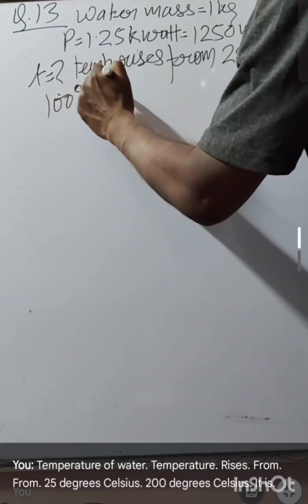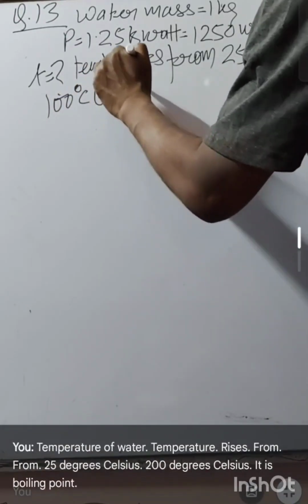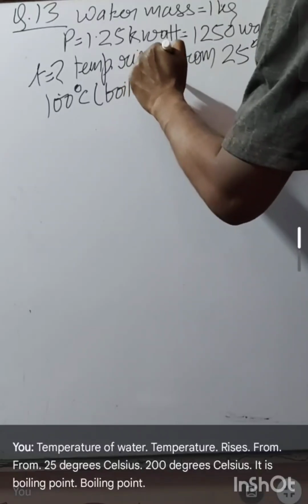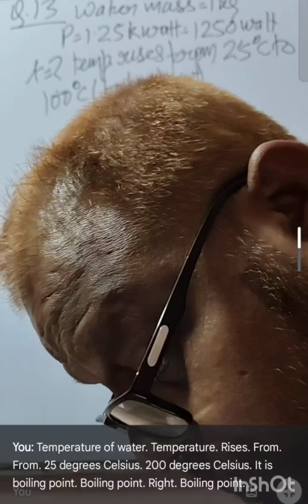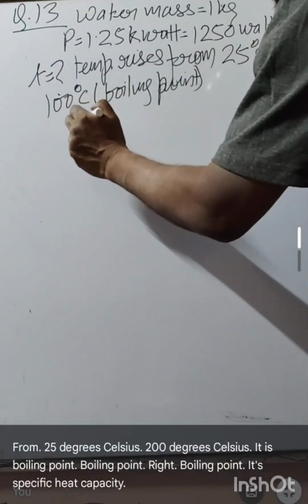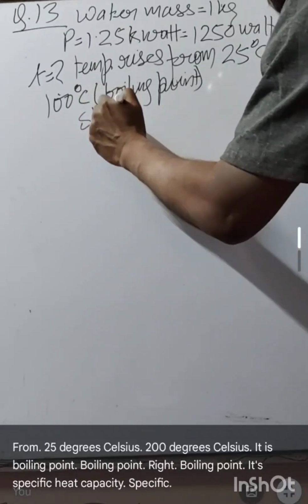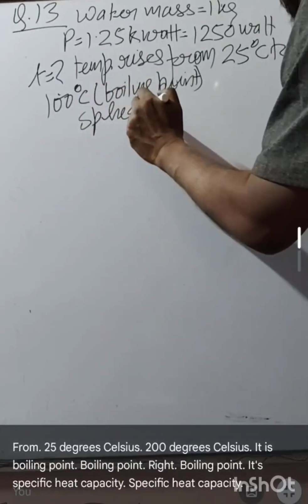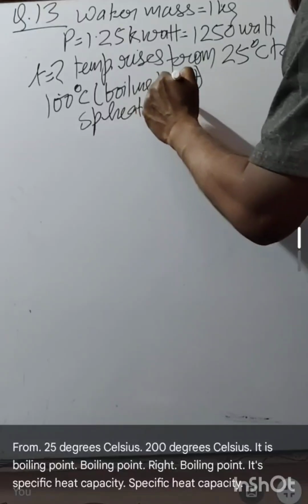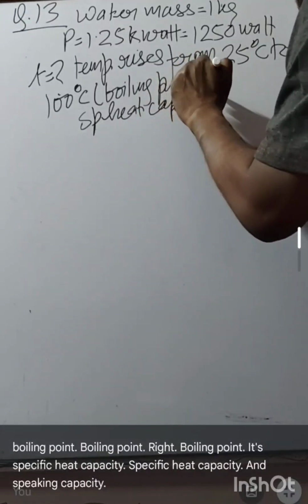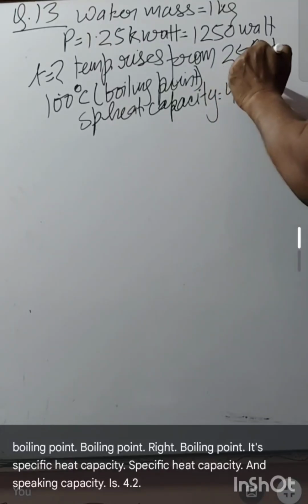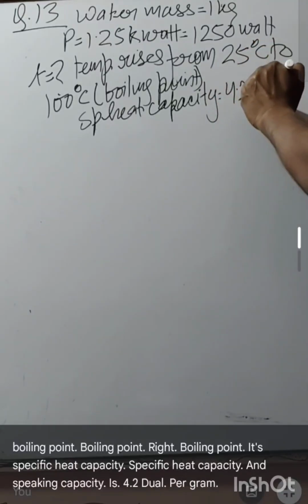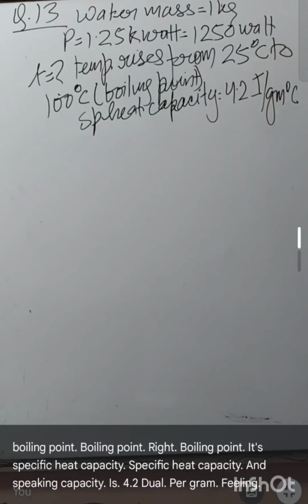It is the boiling point. Specific heat capacity is 4.2 joule per gram degree Celsius.